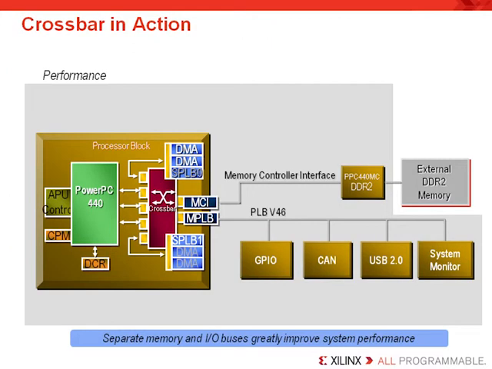Now we're going to have a look at a few examples of this Crossbar switch to get a better feel of it. In this example, the separate memory and the I/O buses improve system performance. This is a typical embedded system, a 440 processor, some DDR2 memory, and some peripherals attached to the MPLB bus. Note that the peripherals are connected to the I/O or master PLB. That means any master in the system can access these peripherals.